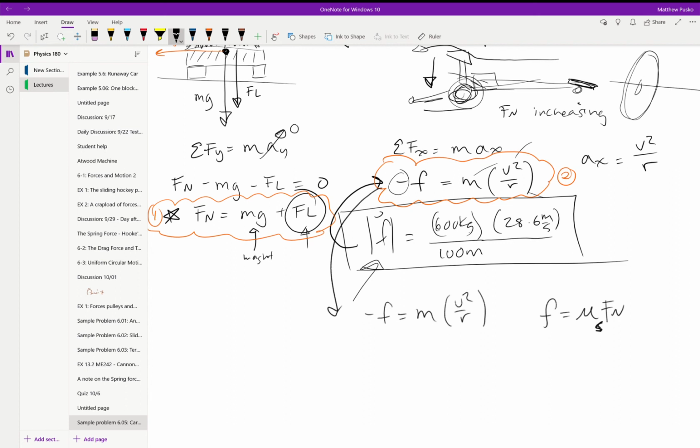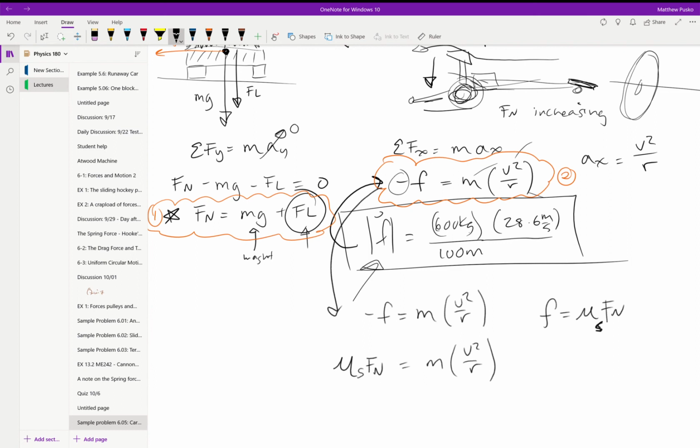I can say that mu times the normal force is equal to mv squared over r.